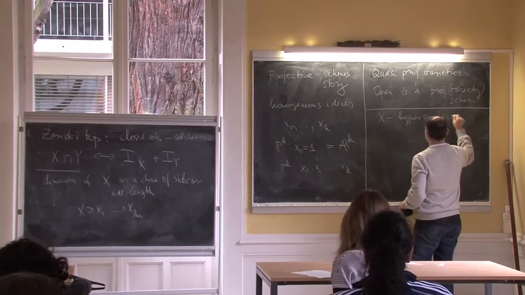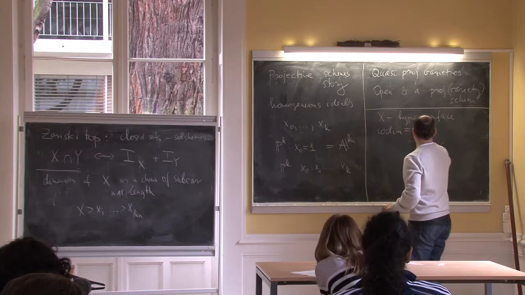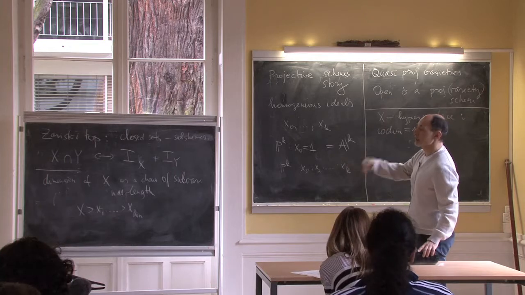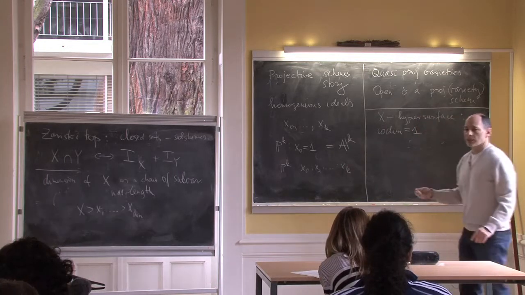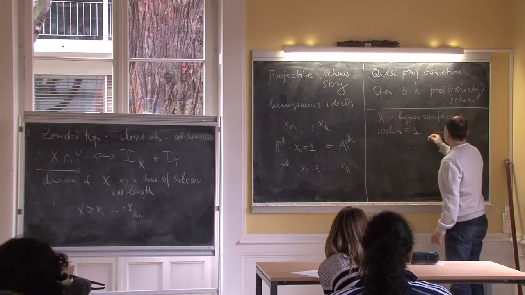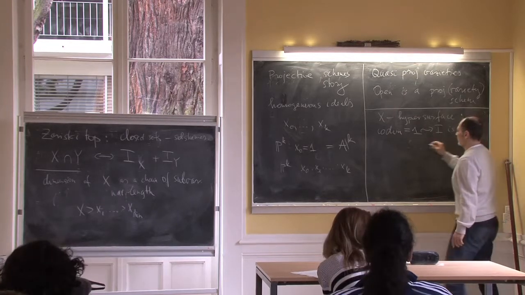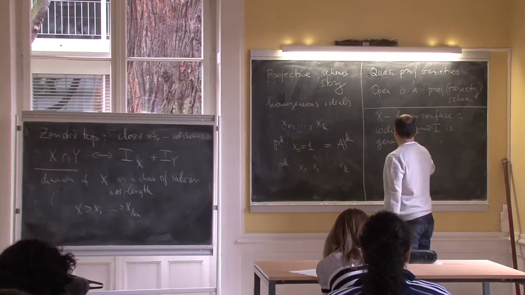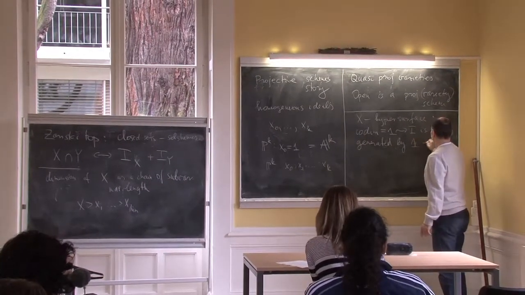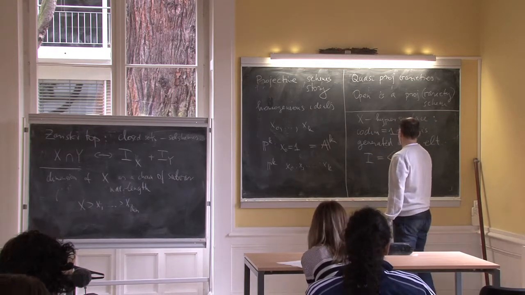Hypersurface means that its codimension is 1, and in fact it's easy to see from basic algebra that in this case the ideal is generated by just one element. So the ideal is just going to be generated by some function f.